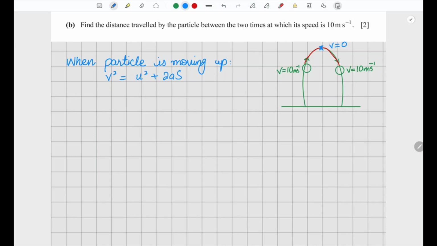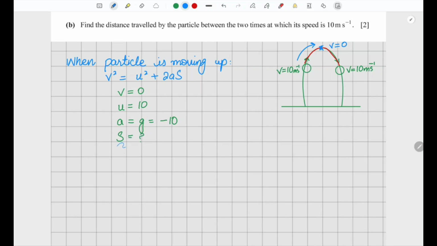For this part of the journey, the final velocity is 0, initial is 10, and acceleration due to gravity. Since the body is moving up, it is slowing down, so a is g equals minus 10, and distance we need to find.